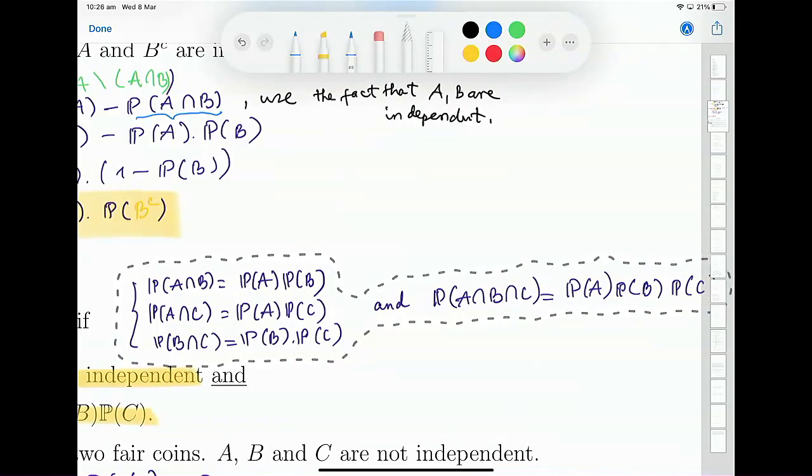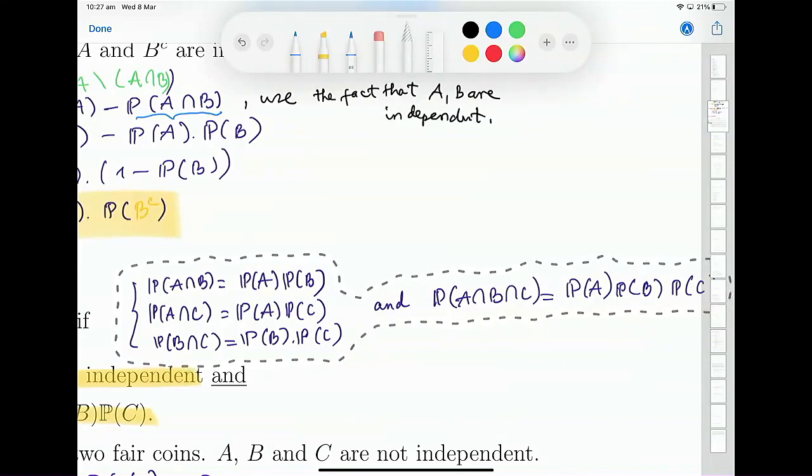Do you have any idea for the general definition if we want to define n events are independent? It would be like all the events are pairwise independent. Just pairwise? You mean that we only pick two? Yeah.